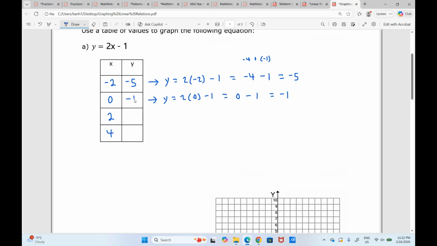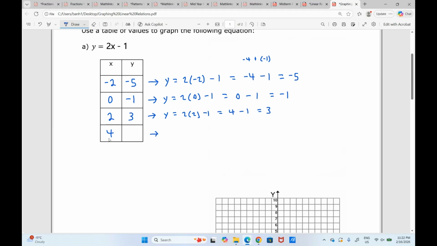So I have -1 as my value of y when x is 0. Now when x is 2, let's find out what y would be. 2 times 2 minus 1. 2 times 2 is 4, so I have 4 minus 1, which is 3. So my value of y is 3 when x is 2.